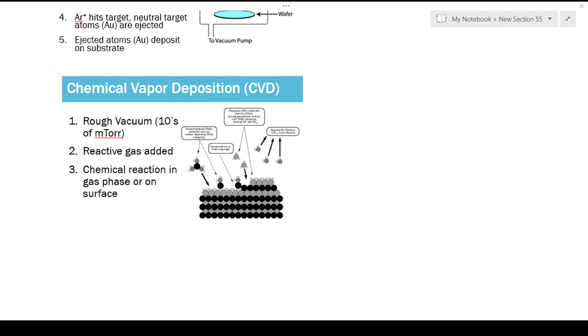So these are the two main methods we need to focus on, and in addition to this, as we already shared, there are other procedures also, like spin coating methods.